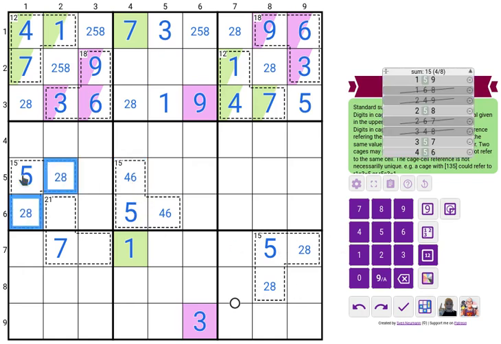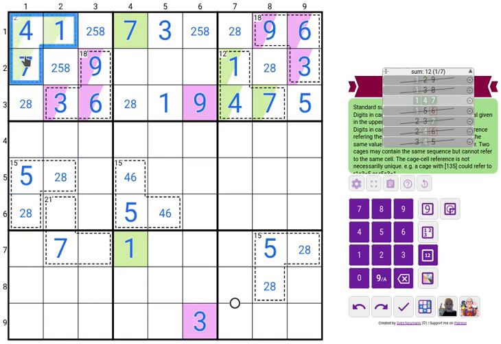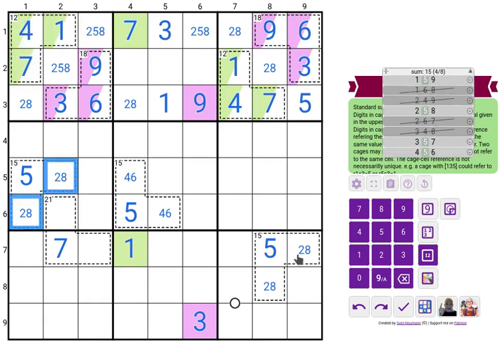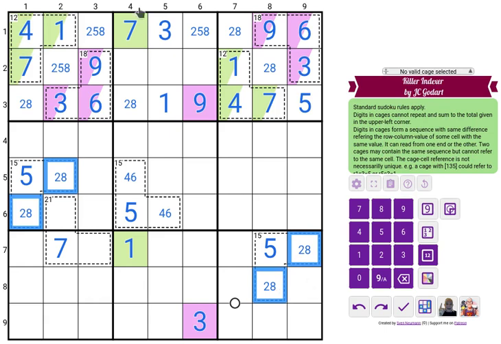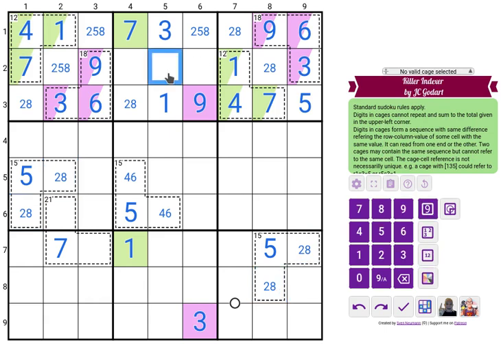So we must have, like for these, we must have both 2 and 8 here. So this is 8, 2, which fix some 2, 8 here.